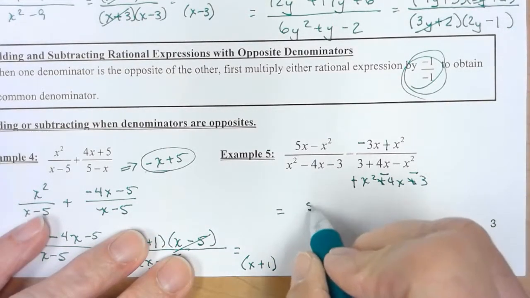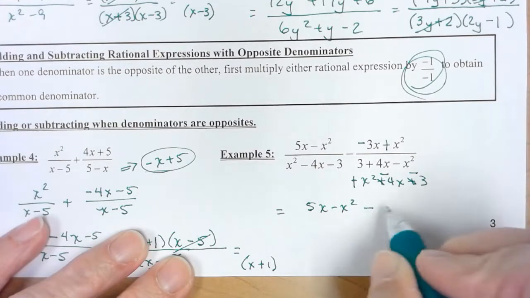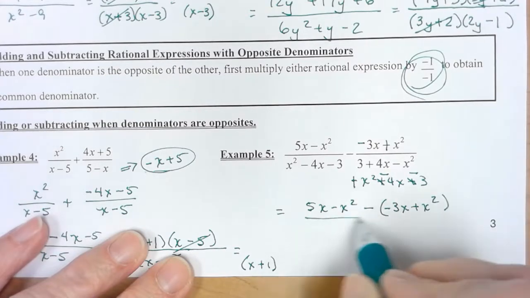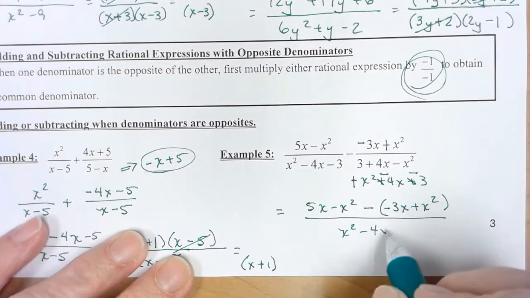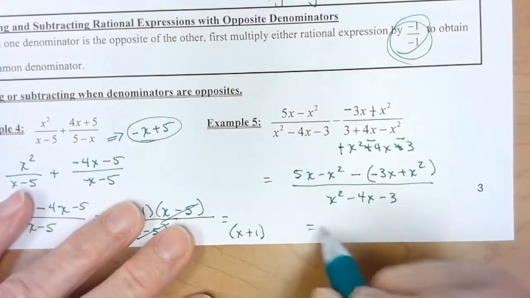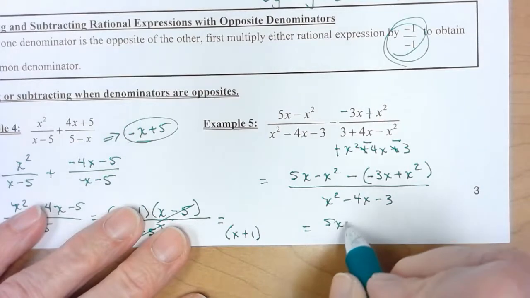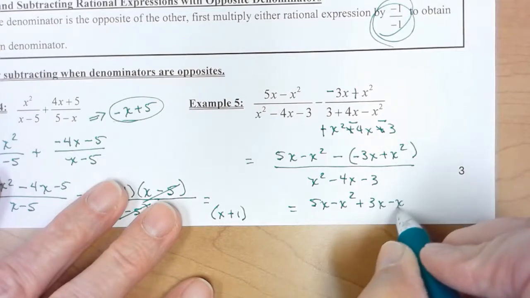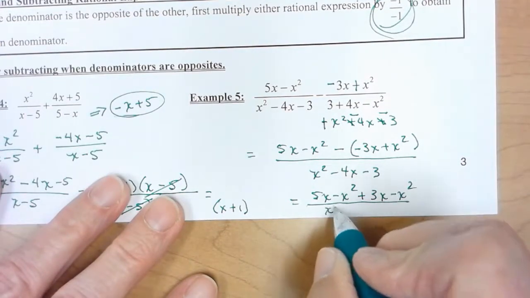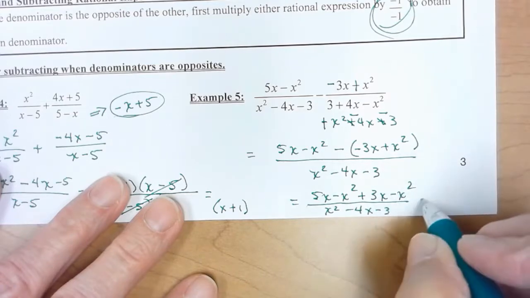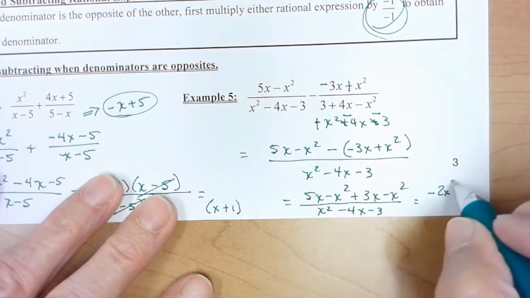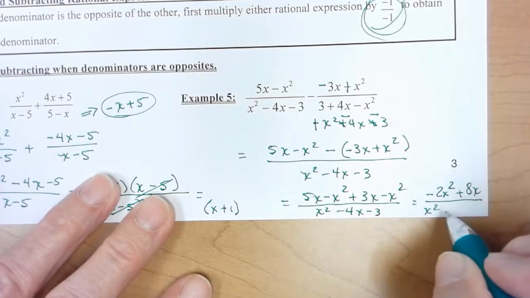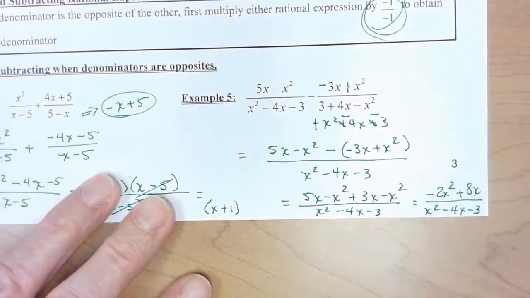So up top I've got 5x minus x squared minus, get that in there, that gives me a -2x squared plus 8x over x squared minus 4x minus 3.